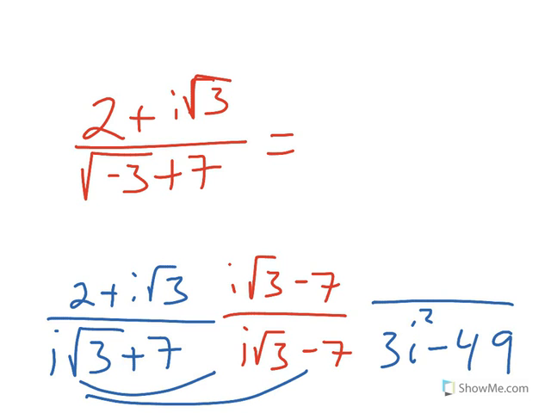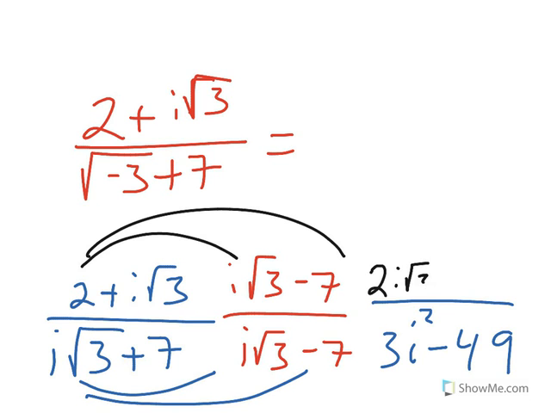On top, it's going to give me a huge mess. So that's going to give me 2i square root of 3 minus 14. And then it's also going to give me a positive 3i squared, and then minus 7i square root of 3.